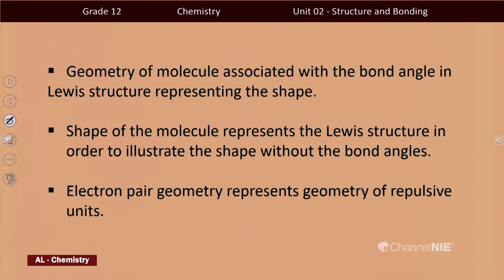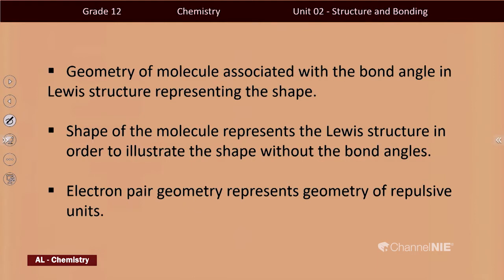Geometry of a molecule is associated with the bond angle in the Lewis structure representing the shape. Shape of a molecule represents the Lewis structure in order to illustrate the shape without the bond angles.